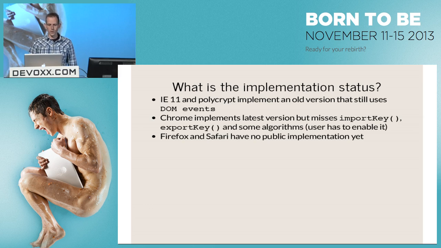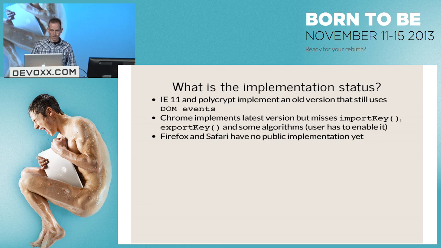But we quite lately switched from DOM events to DOM promises. So that's why IE11 still has the old DOM events implementation, because they had their developer preview before we switched to the new version.